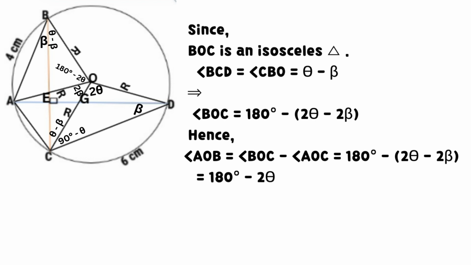This implies that angle BOC equals 180 degrees minus in brackets 2 times theta minus 2 times beta. Hence, angle AOB equals angle BOC minus angle AOC, which equals 180 degrees minus 2 times theta.